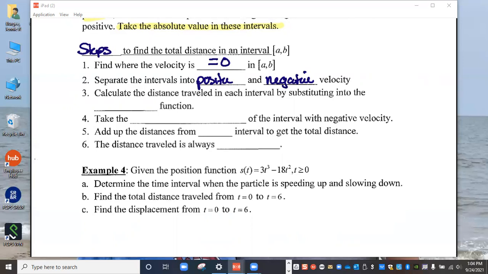Calculate the distance traveled in each interval by substituting into the position function. If you have any negative velocity intervals, you're going to have to take the absolute value. And then you add up all your distances from each interval to get the total distance. Remember, distance traveled is always positive. Displacement can be negative, displacement can be 0.